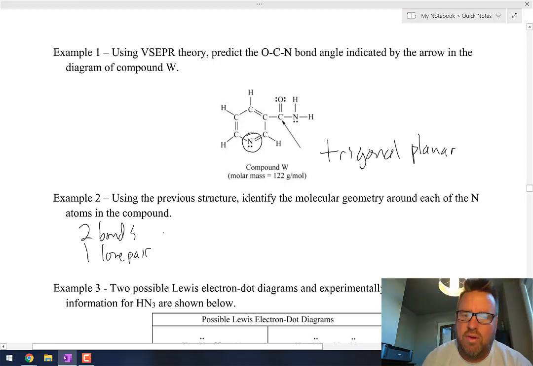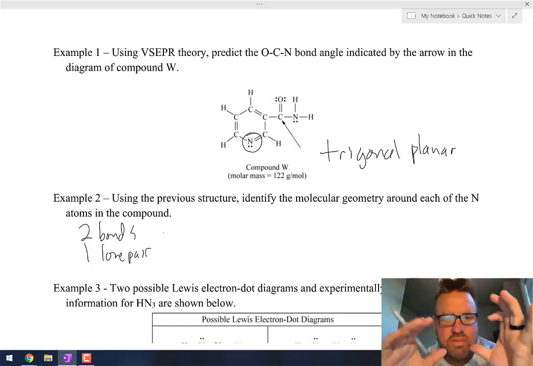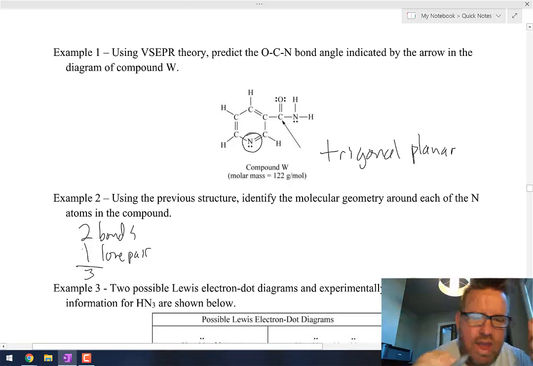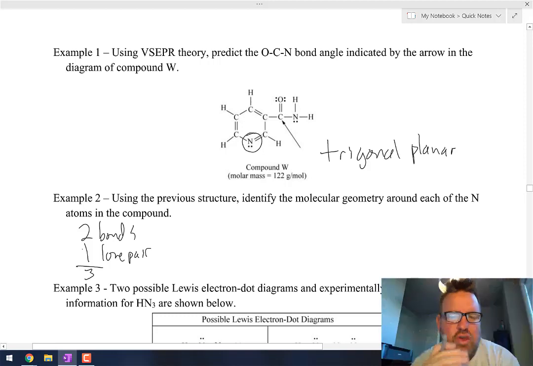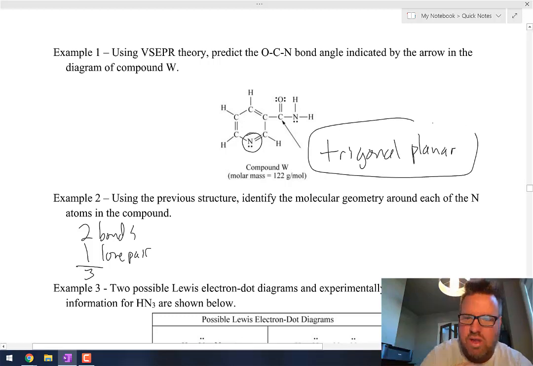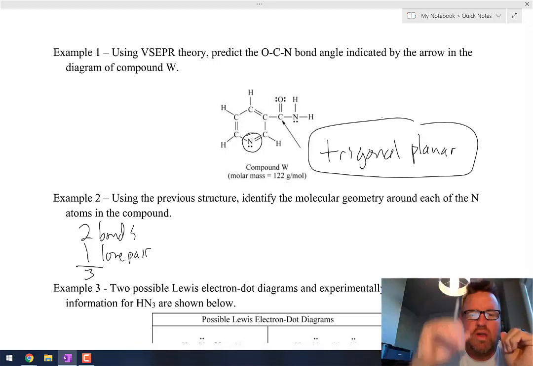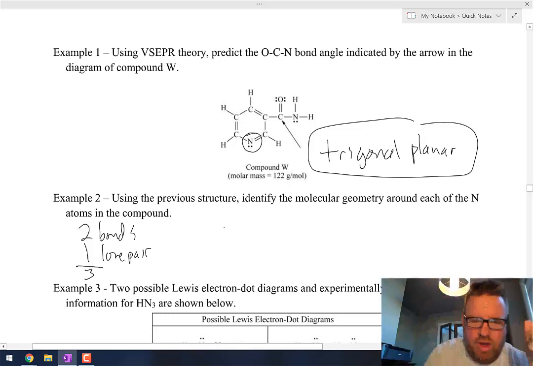I'm either going to remember it, or one way that helps me remember is I'll add those up and say it has 3 electron domains. If all of those were bonds, it'd be like this one up here, a trigonal planar shape. However, if you take a trigonal planar shape and take 1 bond away, what are you left with? So basically like X, Y, Y, Y.